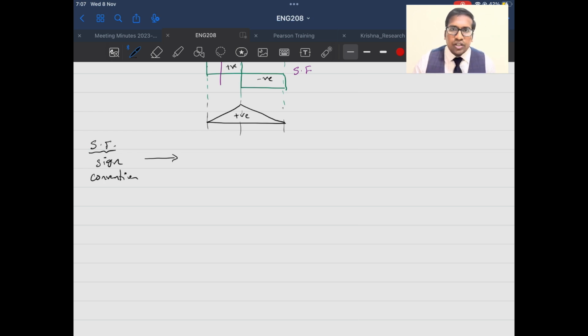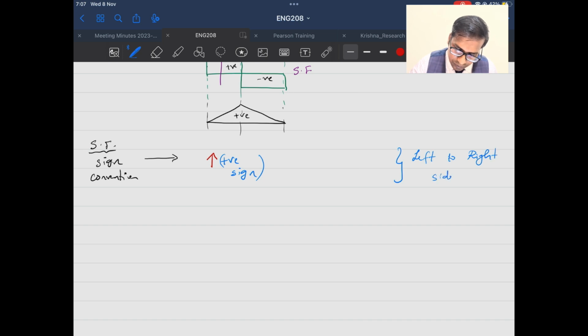If I move from the left of the beam to the right of the beam, if the forces are acting in the upward direction, then I will consider them as positive sign. This is the rule when I move from left of the beam to the right side of the beam. If the forces are acting downwards, then obviously it will take a negative sign.